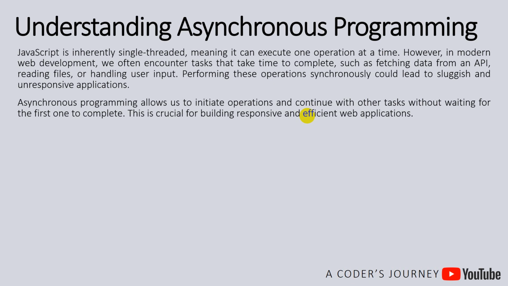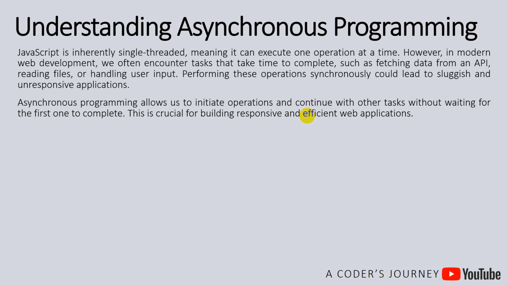So to recap, we talked about the fact that JavaScript is inherently single-threaded. It means that the operations are executed one at a time, right? But when it comes to writing web applications, sometimes we want to complete tasks that take time.